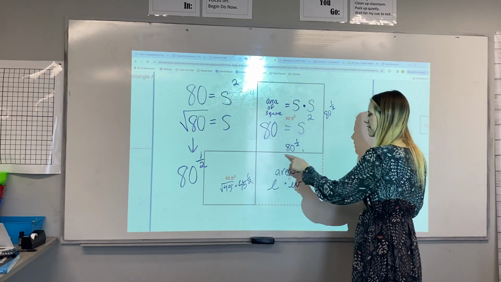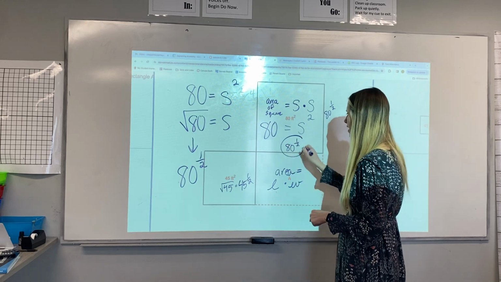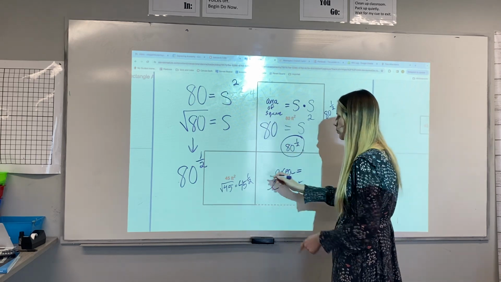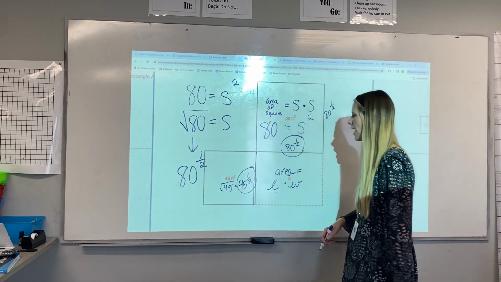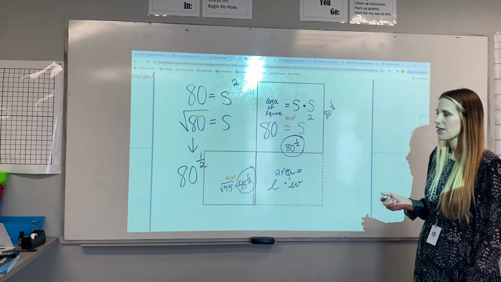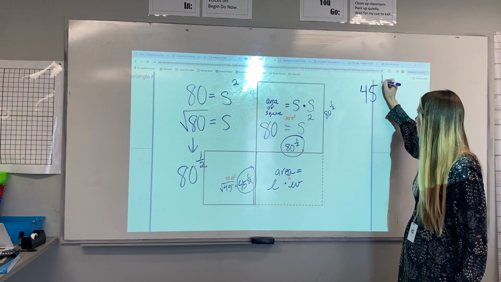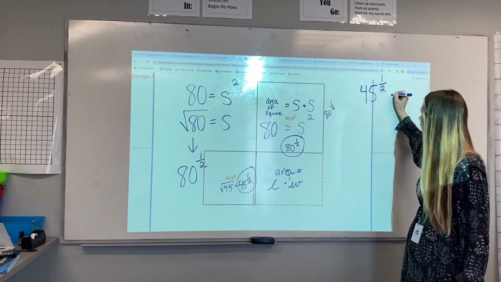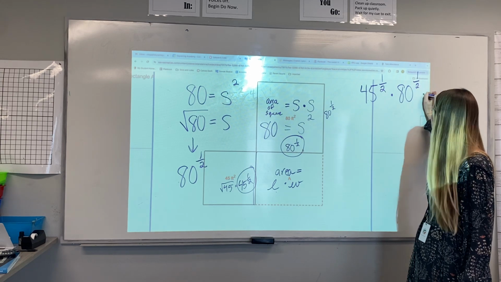So I'm going to take my length, which is the side of this square, 80 to the 1/2 power, and my width, which is the side of this square, 45 to the 1/2 power, and multiply them together. So we have 45 to the 1/2 power times 80 to the 1/2 power.